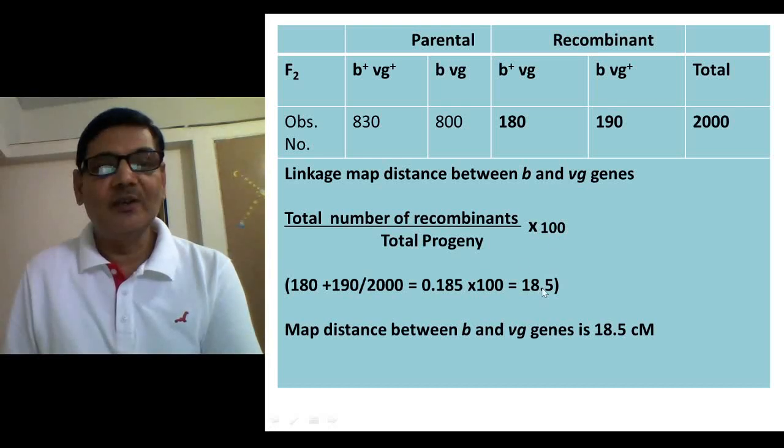So you get 18.5%, and this 18.5% is crossing over occurring between B and Vg genes. So the distance between these two genes will be 18.5 centimorgan. Centimorgan is the unit of crossing over. So it means the distance between these two genes B and Vg is 18.5 centimorgan.